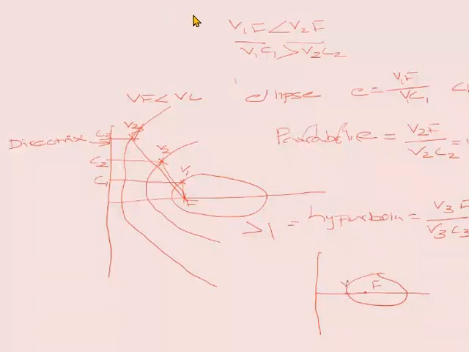This is my V and this is my C. Then the eccentricity is nothing but VF divided by VC. By plotting these points, we are going to construct the ellipse. I'll show you in the next slide how to do that. Any doubts in this? If not, you can copy this. I'll give you 2 minutes.